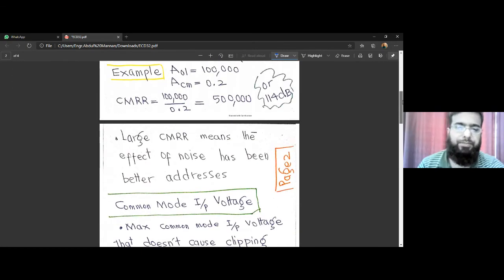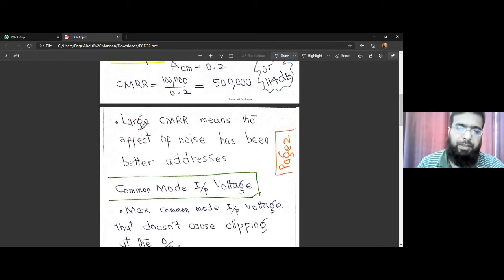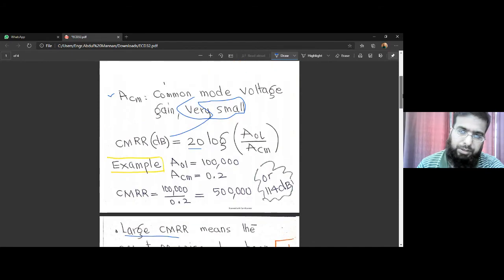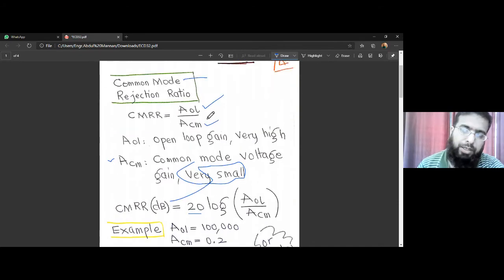So larger CMRR is good. A large CMRR means the effect of noise has been better addressed by our op-amp. Larger CMRR means a good operational amplifier, because it is obtained when we have large AOL and small ACM, the common mode gain, which is undesired.